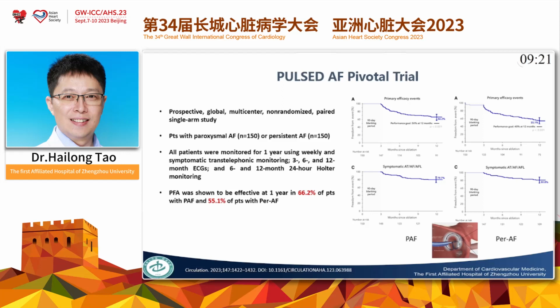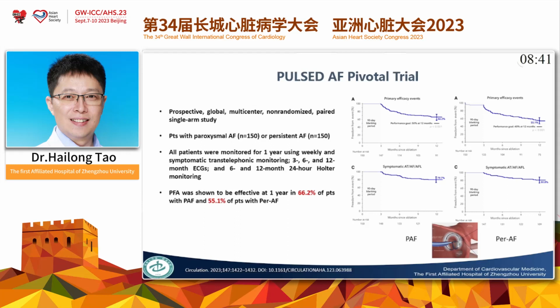The next trial is the PULSED AF pivotal trial. It's a prospective, global, multi-center, non-randomized, single-arm study. This study included paroxysmal atrial fibrillation and persistent atrial fibrillation, with 150 patients in each group. All patients were monitored for 1 year using weekly and symptomatic transtelephonic monitoring, ECG monitoring at 3, 6, and 12 months, and Holter monitoring at 6 and 12 months.